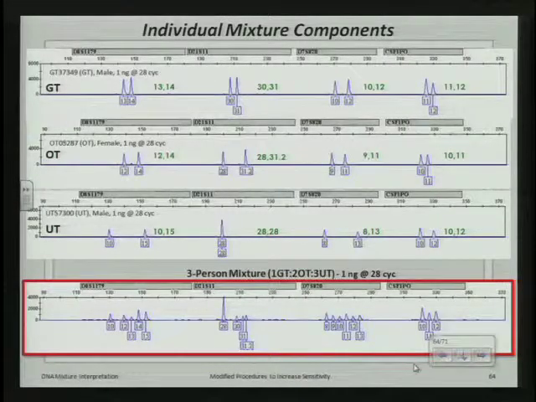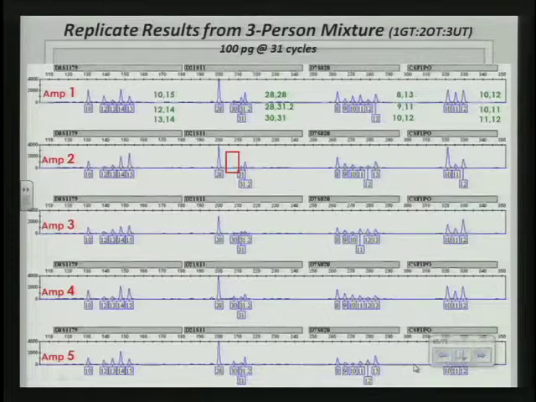This is looking at the 3-person mixture. Again, these are the controls. So here's a male, female, another male. And so this is what you would get at 28 cycles. Notice 6 alleles here at D7. Okay, so it's a 3-person mixture.